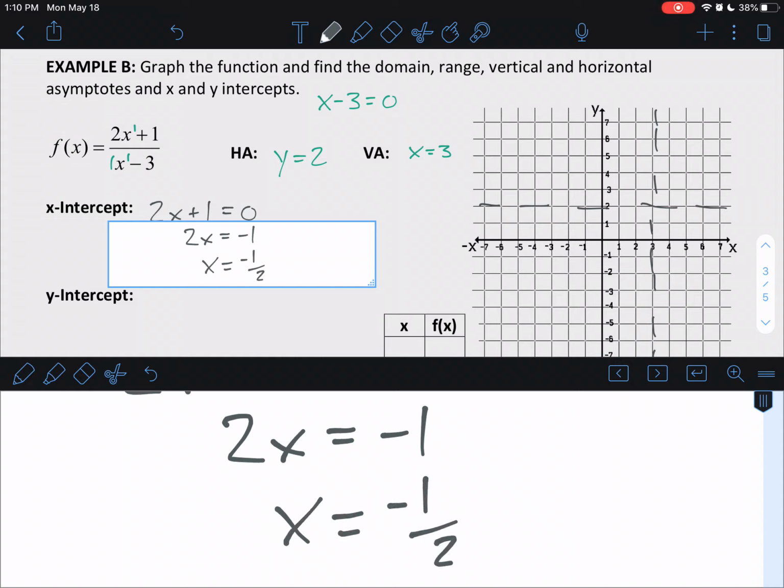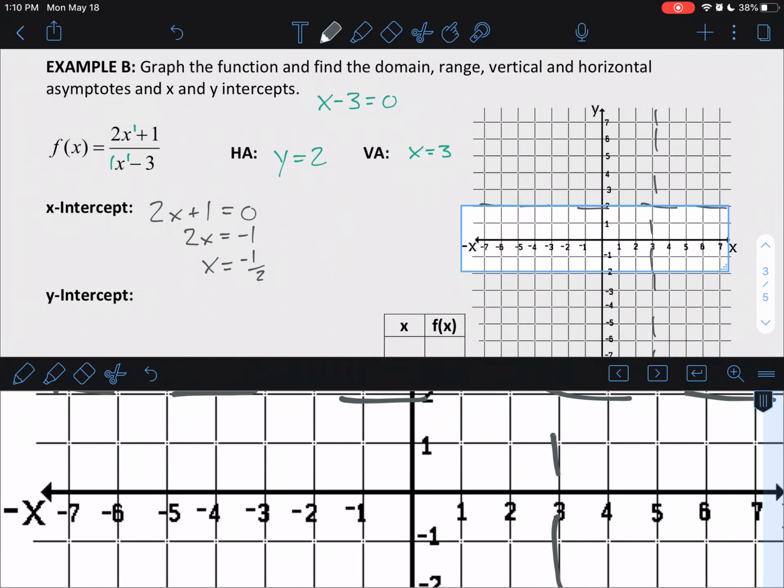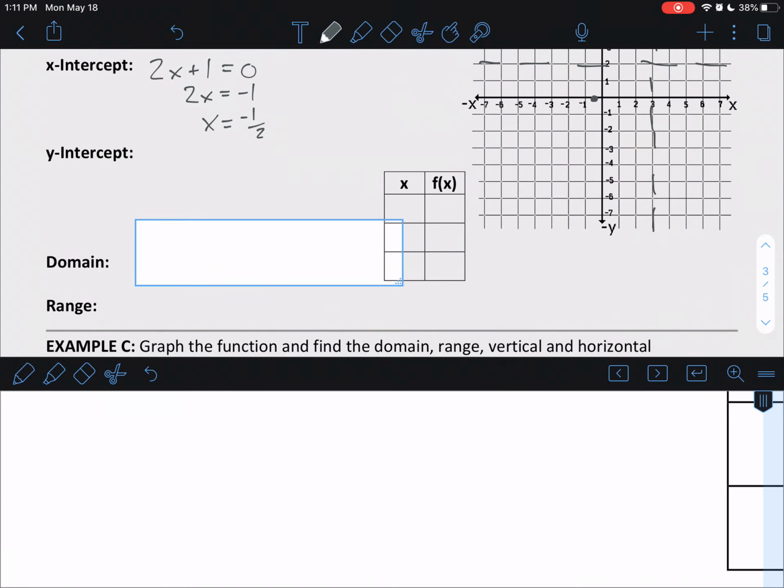So there's my x-intercept, negative 1/2. That doesn't sound right, but I guess it is. Okay, I'll take their word for it. Actually, yeah, no, that does look right. My bad.